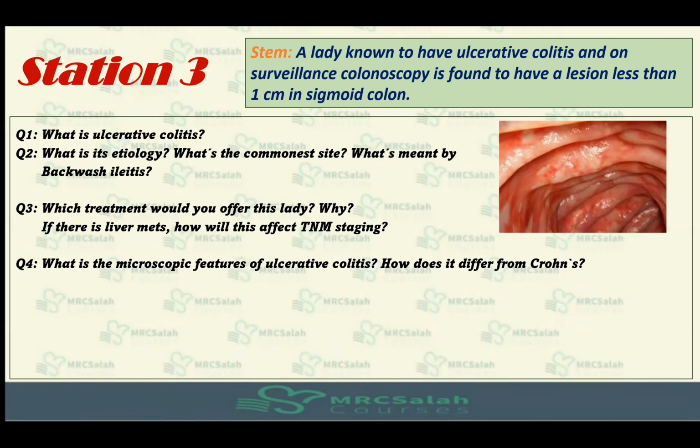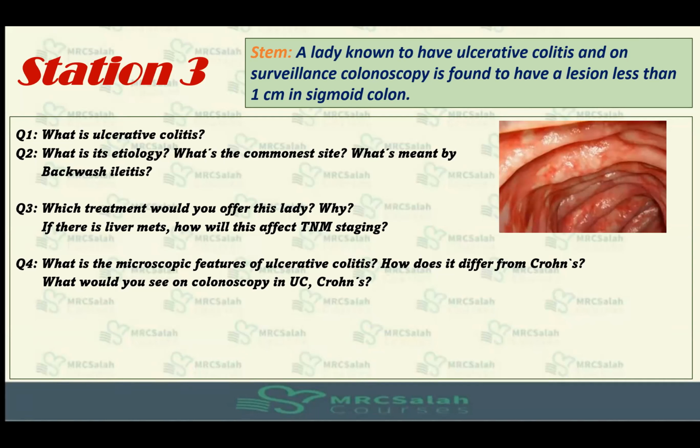Yes. Okay. What would you see on colonoscopy in ulcerative colitis and in Crohn's? Excuse me? Colonoscopy. Oh, colonoscopy, okay. What do you expect to see in ulcerative colitis and in Crohn's? Okay, in ulcerative colitis, I will see pseudopolyps, extensive ulceration, and bleeding.